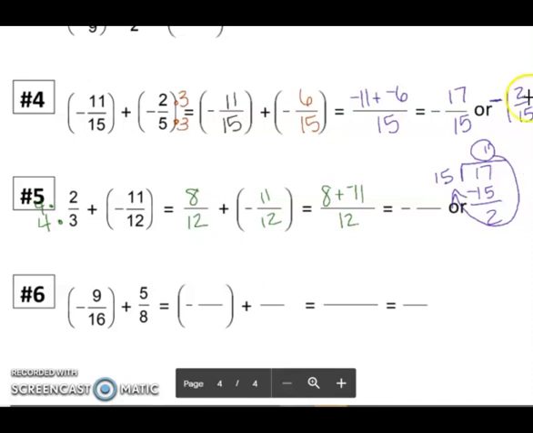So then I'm going to add the numerators together. 8 plus negative 11 would be negative 3 over 12. That does reduce. 3 is a common factor between them, so divide this by 3. And my final answer would be negative 1 over 4.